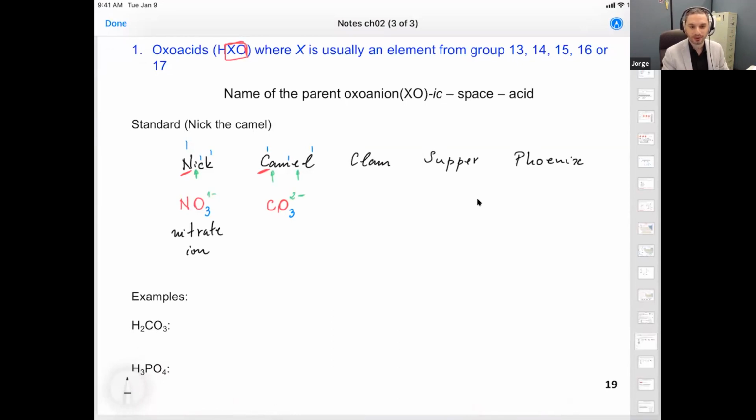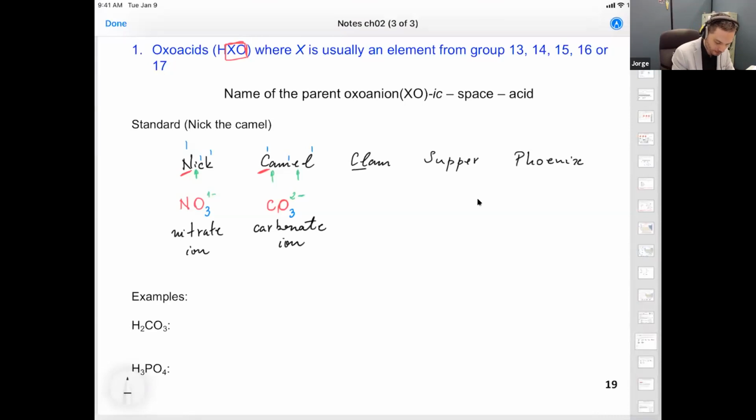CO3 2 minus is formed by carbon, therefore this is the carbonate ion. Okay, so for now, we are just looking at the XO part of the structure.